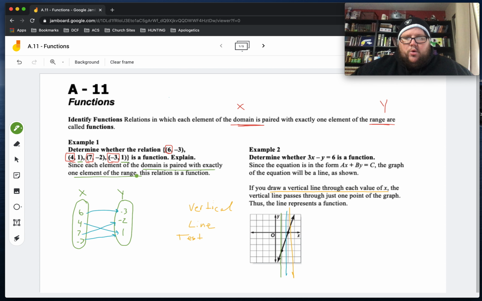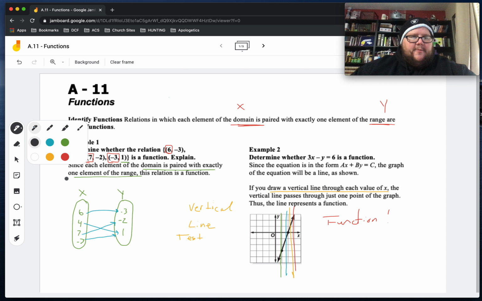I'm drawing multiple vertical lines here, and it's only going through one point of my graph. So this is a function.